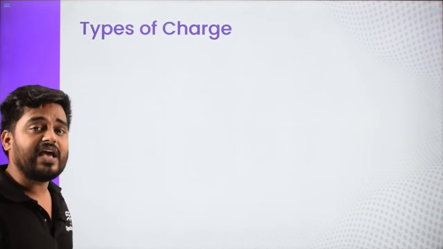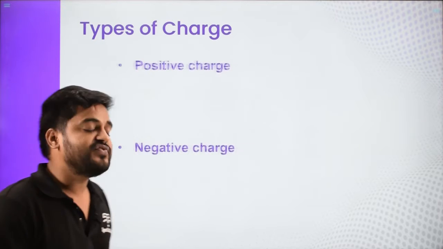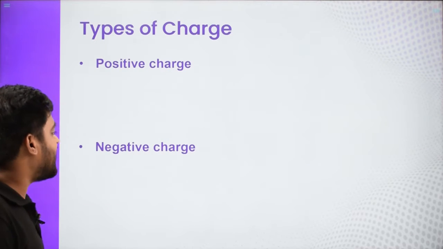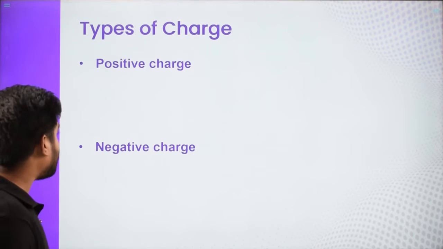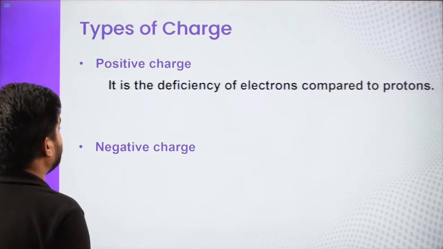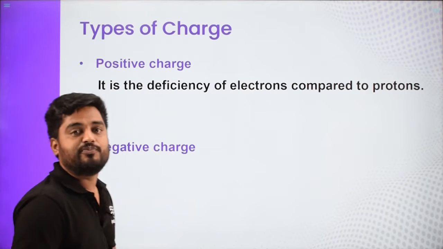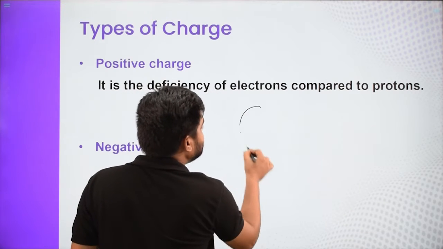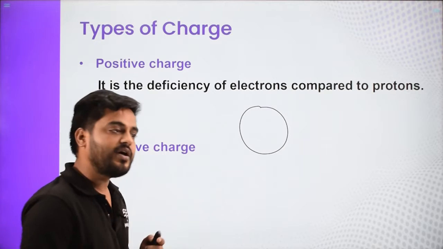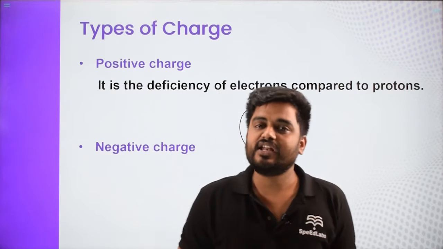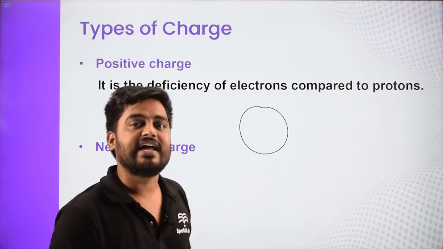If we talk about the types of charges, there are two types of charges. One is positive charge and another is negative charge. What is positive charge? It is the deficiency of electrons compared to protons. In any atom the number of protons and number of electrons are equal, right?